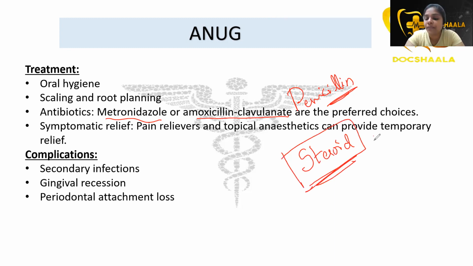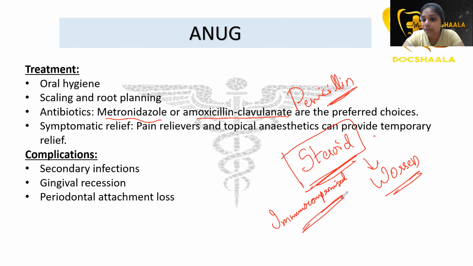This is because these steroid combinations, if they are used, they worsen the case. Okay, because ANUG is seen in immunocompromised individuals, right? When steroids are used on them, they don't have the capacity to fight.